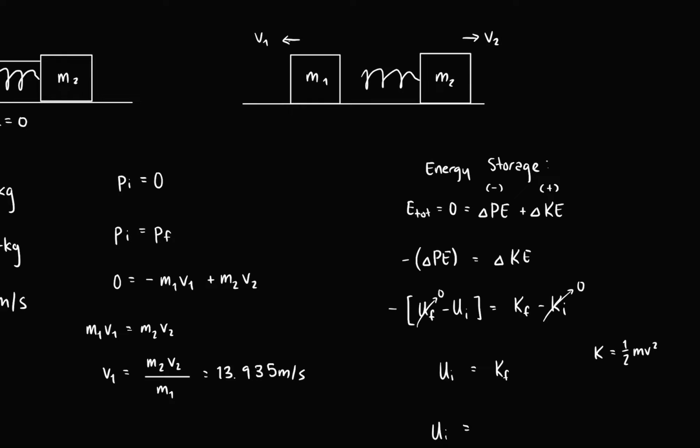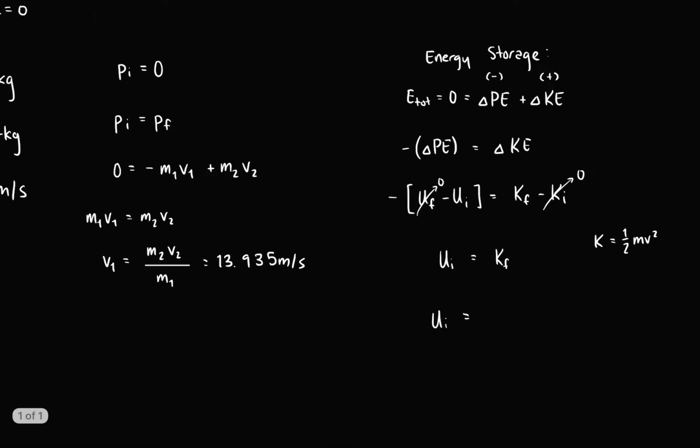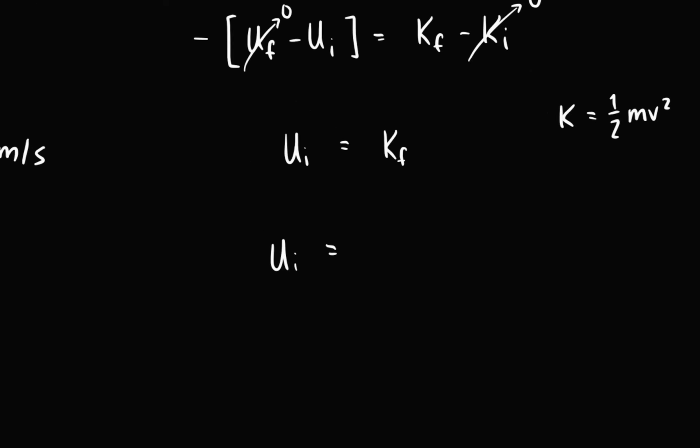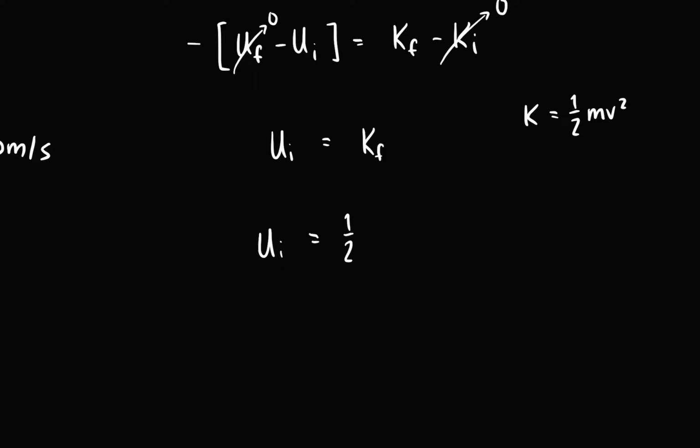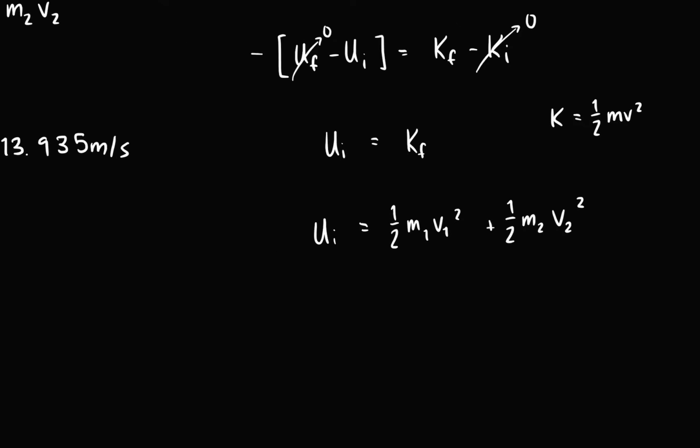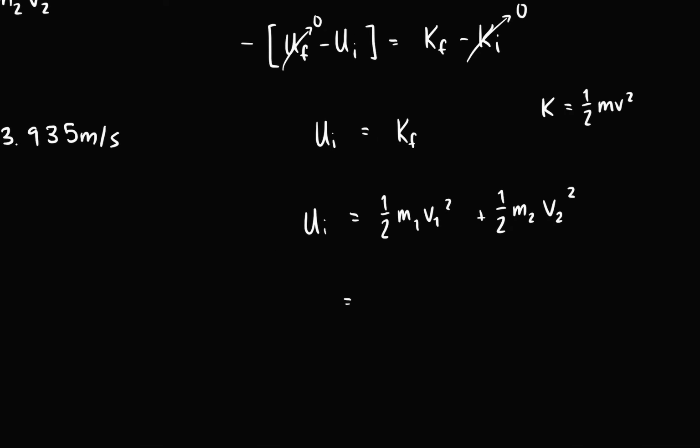Energy does not deal with directions, so we don't need to worry about positive and negative directions. What we know will then be 1/2 m1 v1 squared plus 1/2 m2 v2 squared is going to be equal to the initial potential energy.